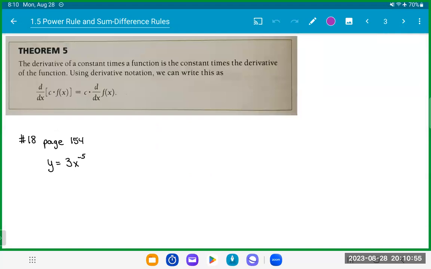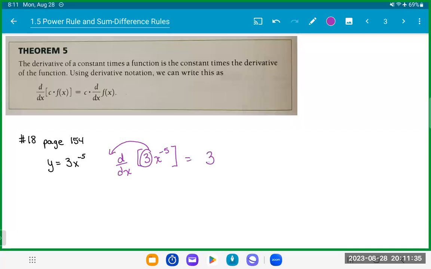Our next theorem is the constant times the derivative theorem, okay? So if you have a constant times some function, that's kind of what I did in that previous one, even though just to show you the zero. Essentially, if I wanted to take the derivative of some constant, 3x to the negative 5, right? I can pull this constant into the front.